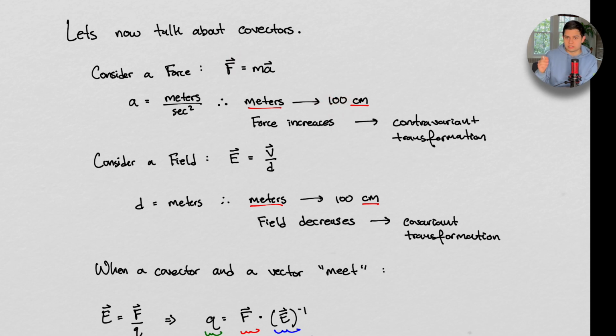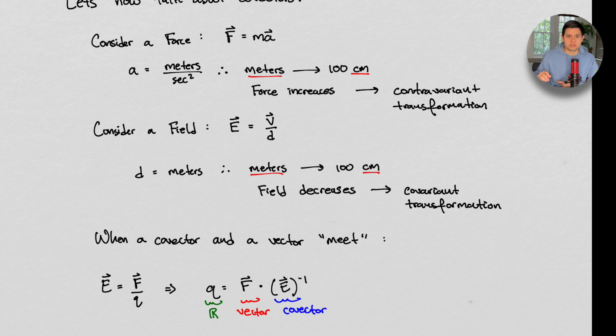So that's going to increase F. So the force increases when we demote from meters to centimeters, okay? So the units decrease, but the force is going to have to compensate by increasing, okay? And that's what we call a contravariant transformation, when you go against the transformation of the basis, okay?